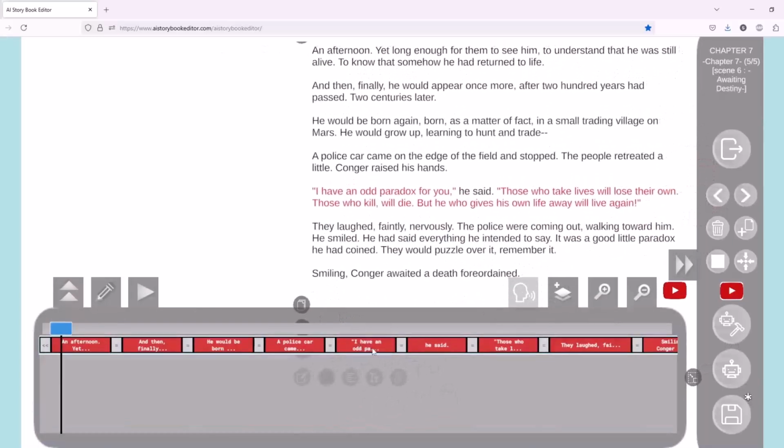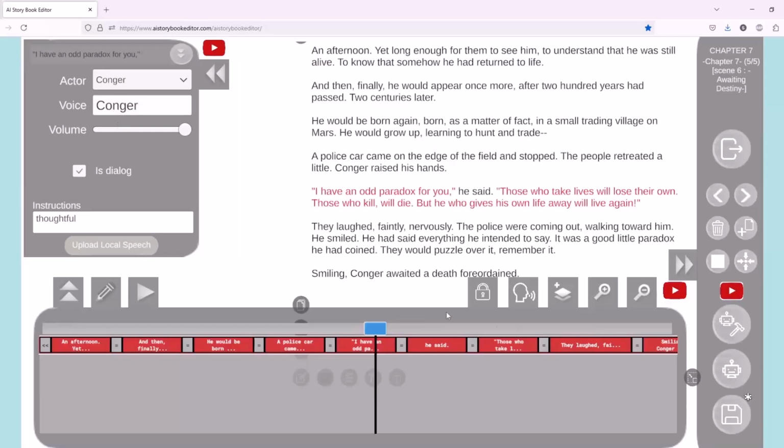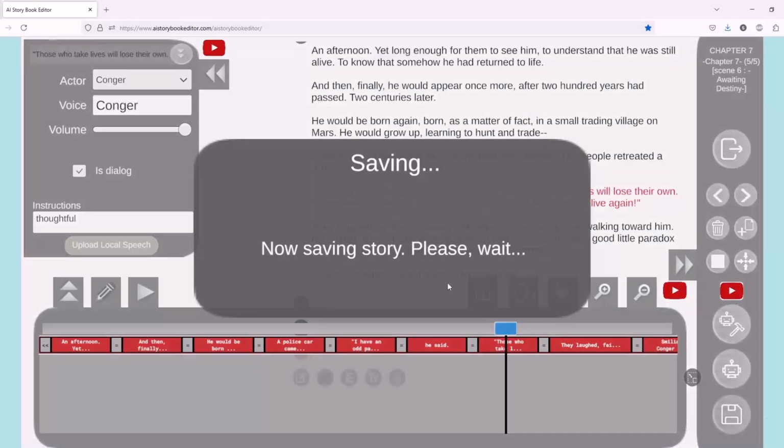And finally Conger. And Conger. Okay, so that's the end of the story.